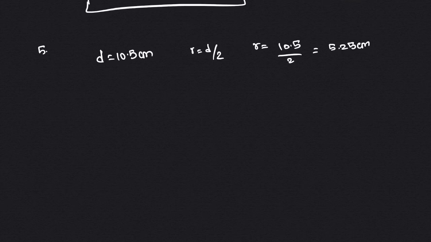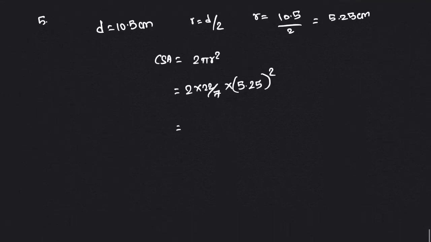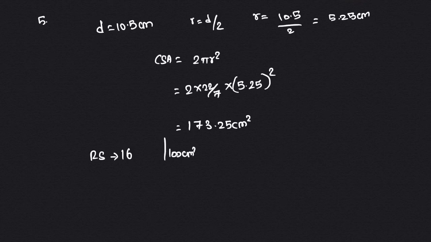Now the surface area, CSA, is equal to 2 pi r square. Just replace the values: 2 into 22 by 7 multiplied by 5.25 square. After simplifying, we get 173.25 centimeter square. The cost is Rs 16 per 100 centimeter square.